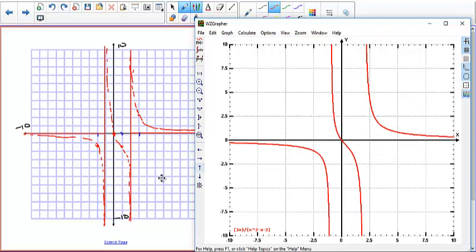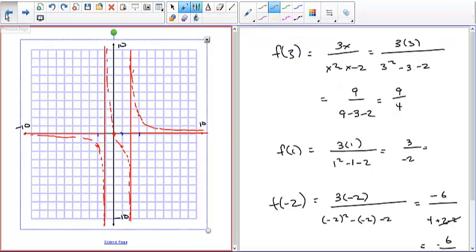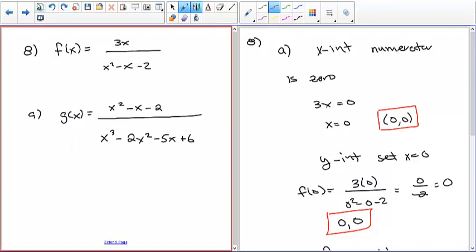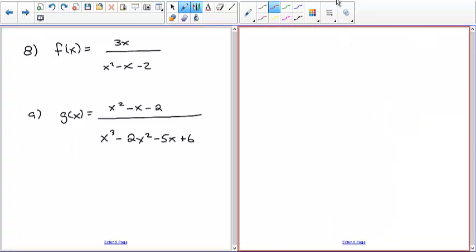So looks good. Okay. Now this last one, I'm sure you had to come and look at this solution. I'm just going to show you that it's the same basic idea. So you're going to have the x-intercepts. So that's where you set the numerator to 0. What values of x make the numerator equal to 0?